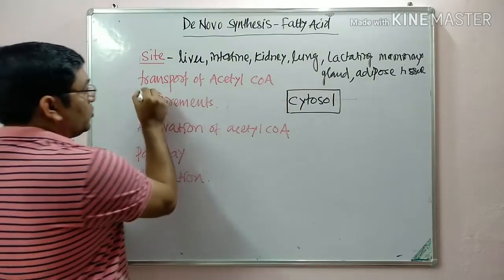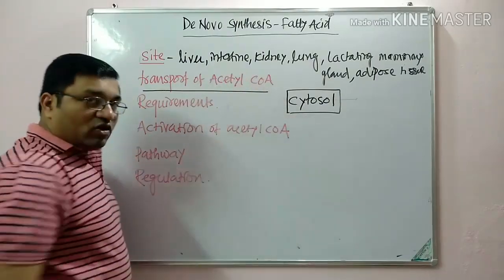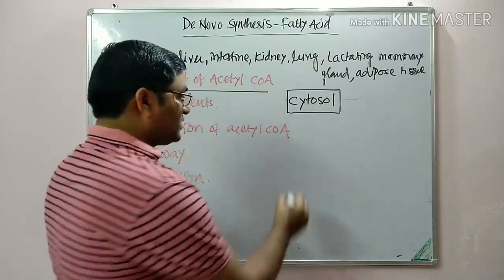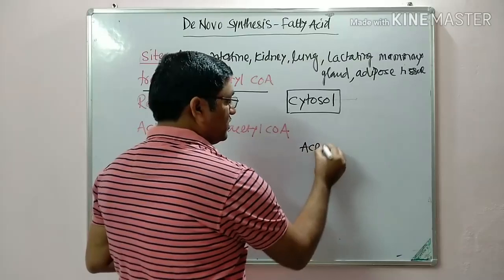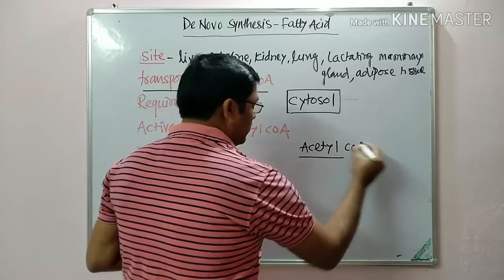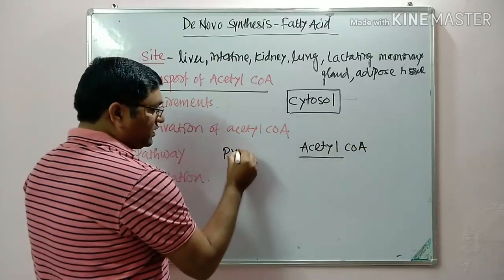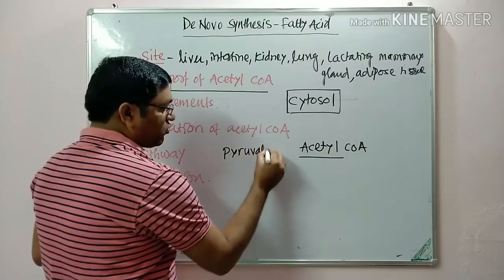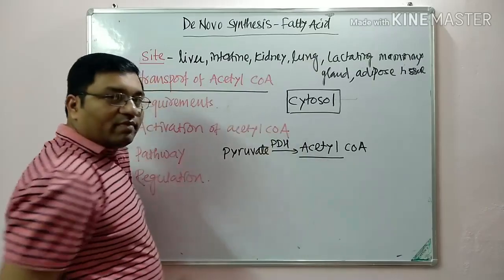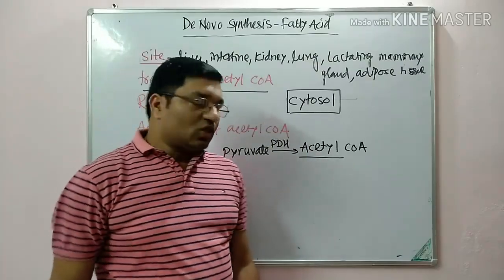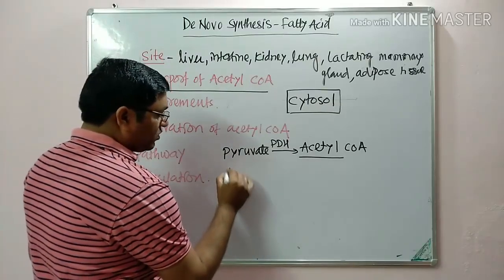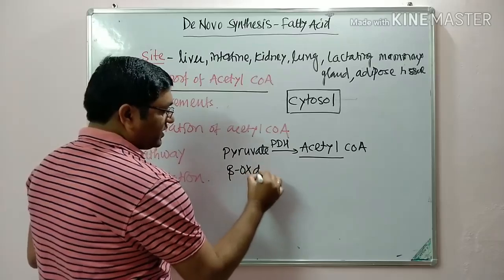Now, in the transport, the basic precursor molecule for synthesis of fatty acid is acetyl coenzyme A. This acetyl coenzyme A is generated from pyruvate by the pyruvate dehydrogenase complex in the mitochondria, and it is also synthesized from the oxidation of fatty acid, or beta oxidation.